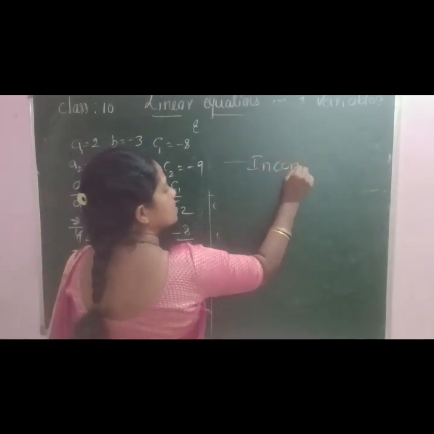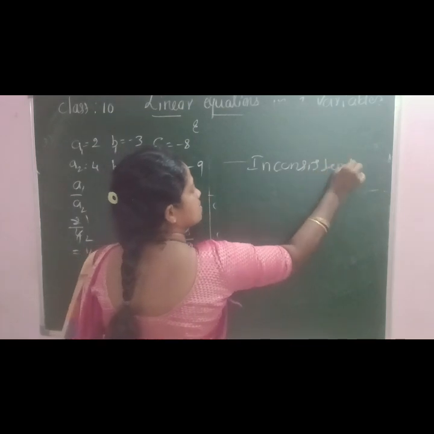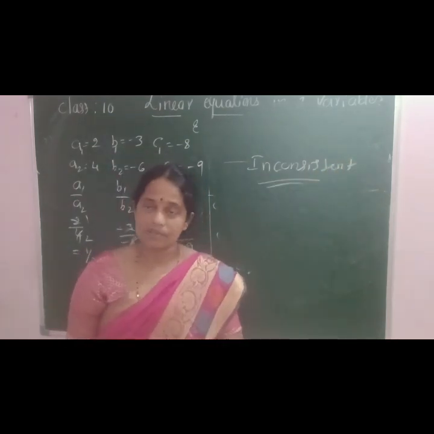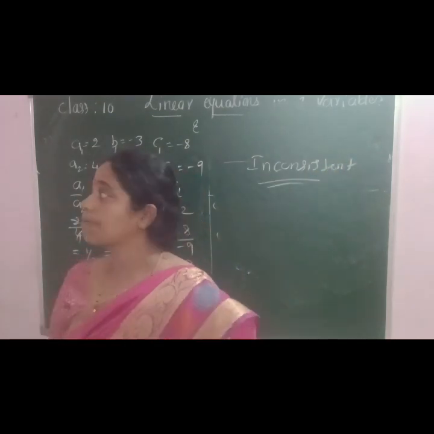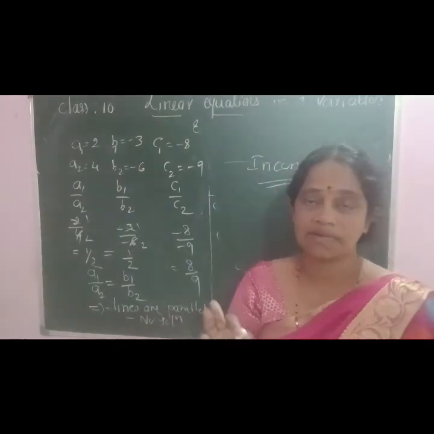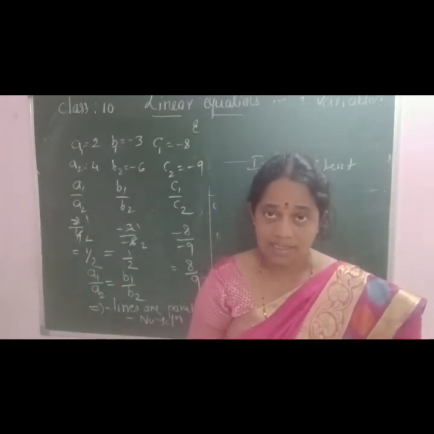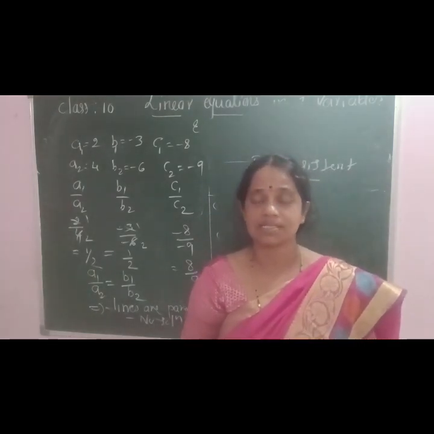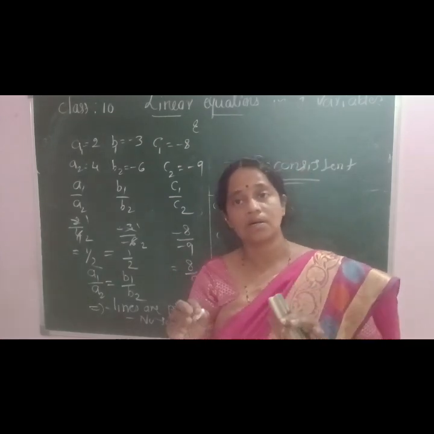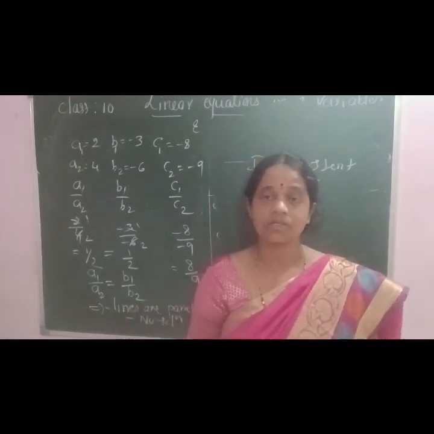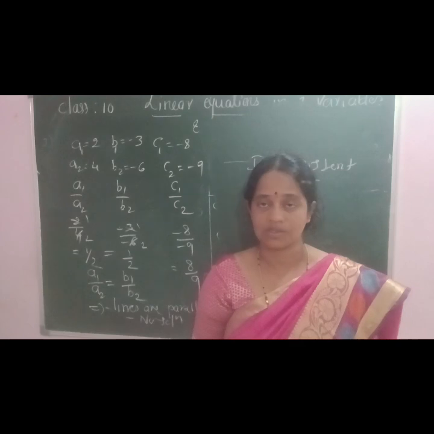That is what is needed, inconsistent. Okay. So what did we do in yesterday's class? By comparing a1 by a2, b1 by b2 and c1 by c2, we checked whether the given linear equations have a unique solution, more solutions, or no solution.